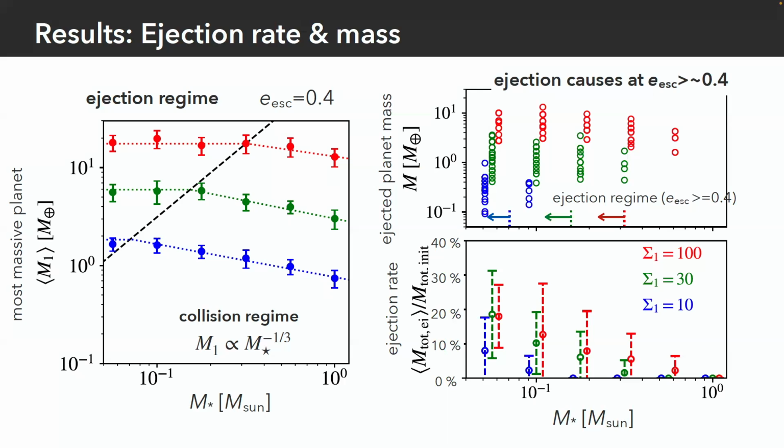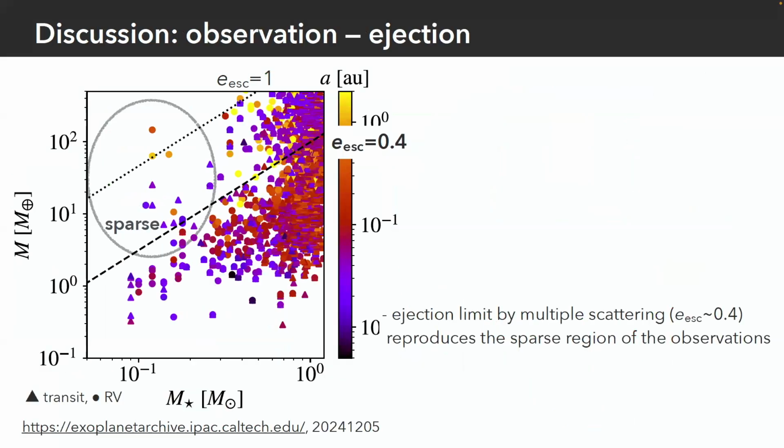This corresponds, in our simulation, to about 1, 2, or 2, 3 planets being ejected from these low mass stars. Then we can plot this new boundary where escape eccentricity goes to 0.4.